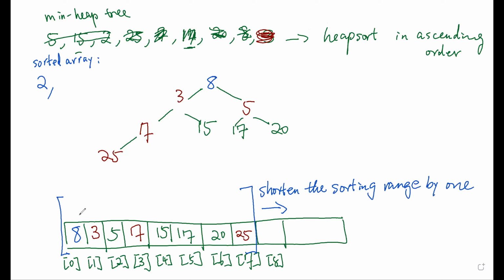But is this a min heap tree? After you bring the last to the first, it is not very clear. So you need to rebalance it. And the rebalance generally is you need to move the smaller up. So that's why we call this step shift up. Shift up. So what should I do here?